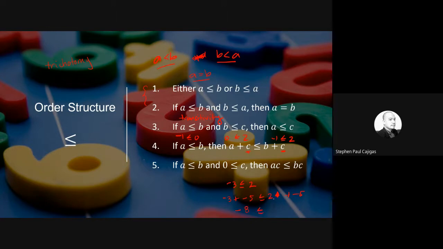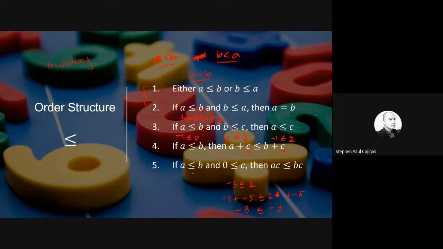This is less than or equal to 2 plus -5, that's -3. So the order is being preserved. You added a C which is negative, but still we retain the less than or equal to.